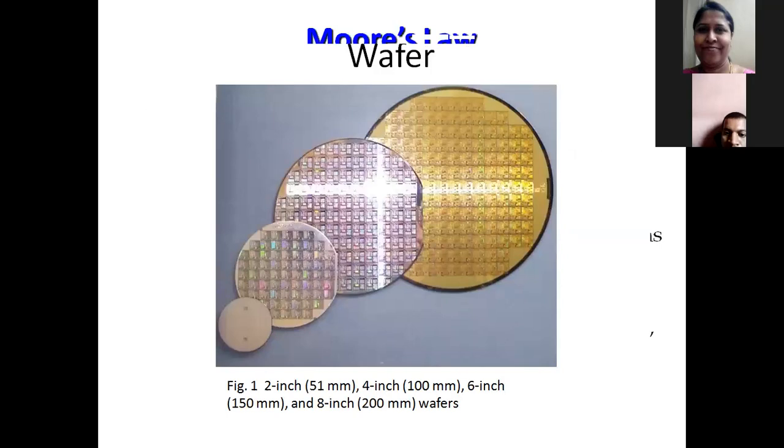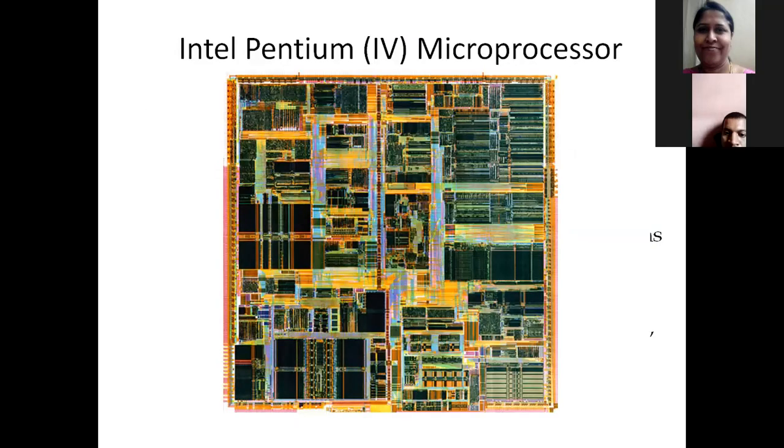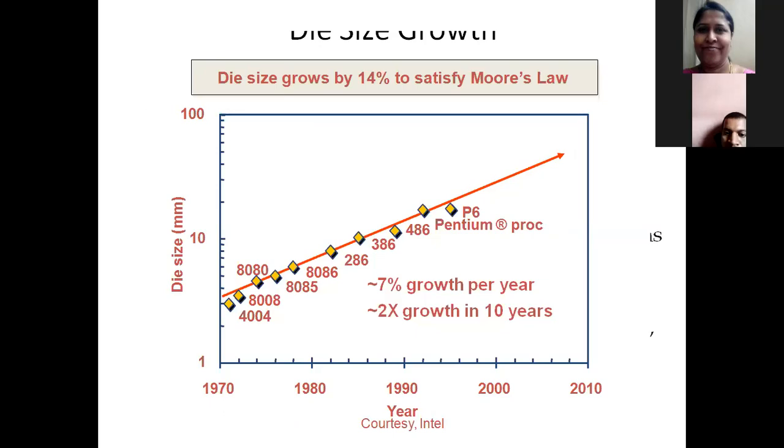Okay. Now what you can see in the picture is a wafer, the starting chassis for all the chips to be made, and it is all of different sizes based on what type of chip we are making and what is the technology involved, right? Okay, this is a 4004 microprocessor, and a Pentium microprocessor photograph, and this is again the growth that is taking place in terms of die size with respect to year.